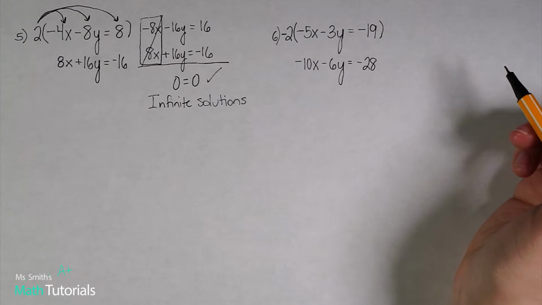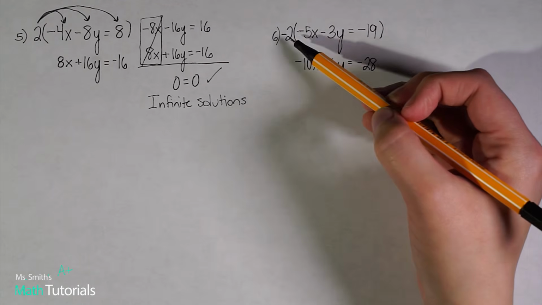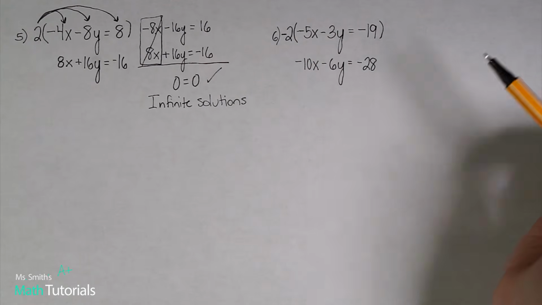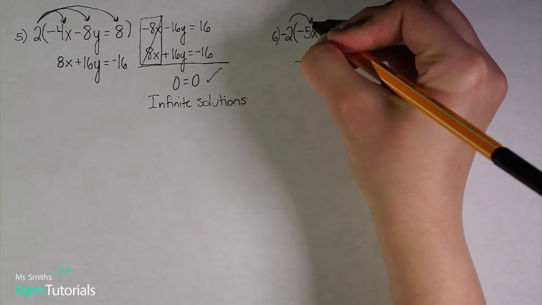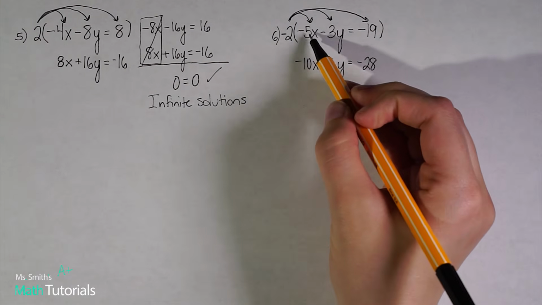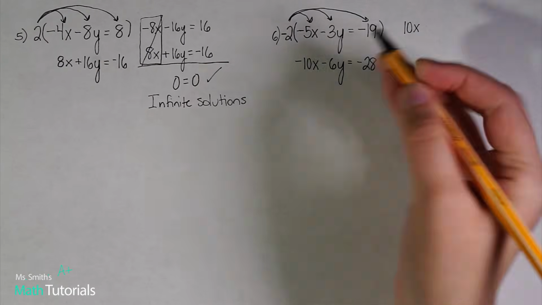This elimination really requires, and you've probably figured this out by now, thinking ahead to what's coming. It's something you got to practice to get the hang of. But anyway, let's go ahead and distribute this 2. So negative 2 times negative 5x, that's going to give me positive 10x.